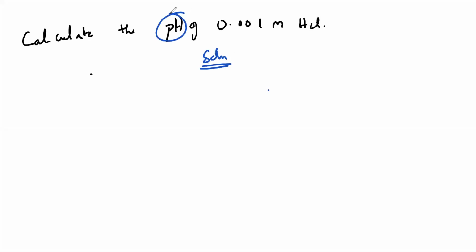Calculate the pH of 0.001 m HCl. So first step for us is what? Here we're finding pH. Solution first step. That is, we'll write the equation. That is, HCl will give us H plus and Cl minus.